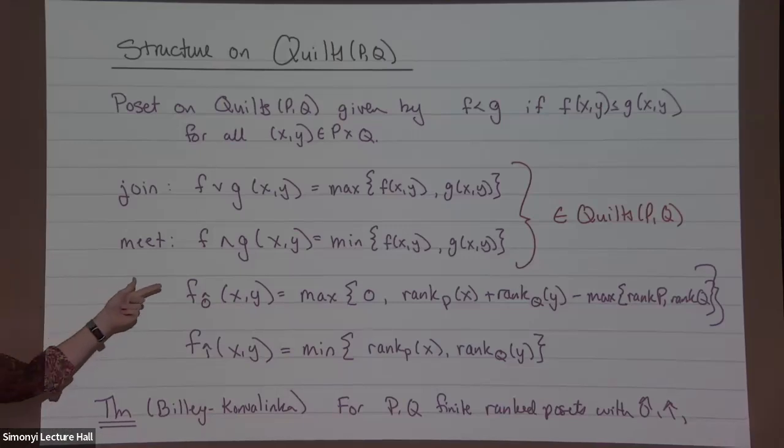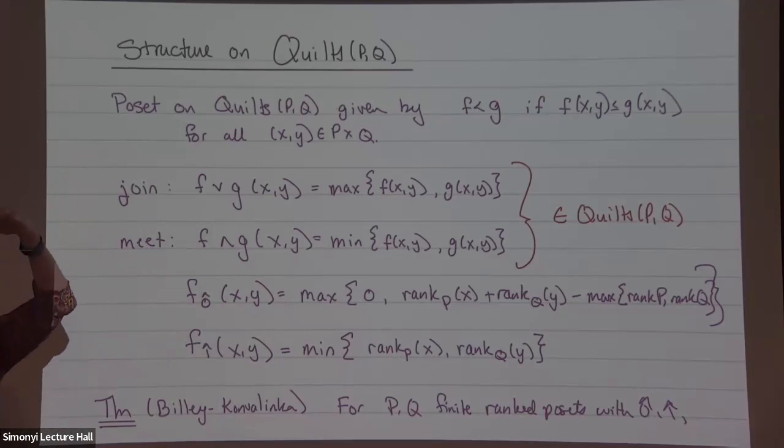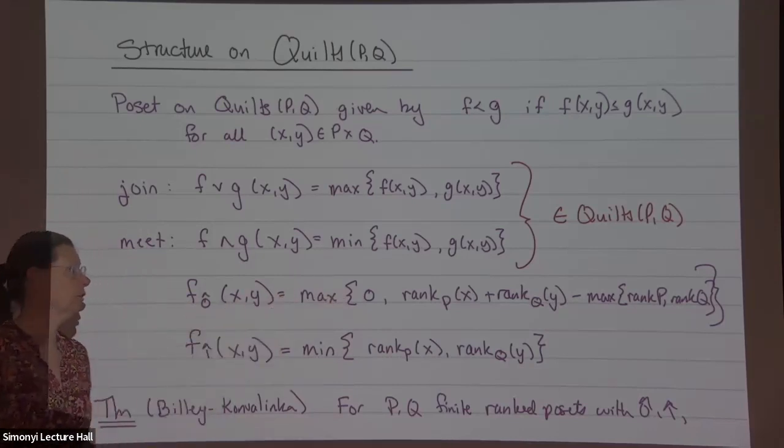Then on this quilt lattice, you also have a unique minimal element F0 hat and a unique maximal element F1 hat. And you can think about them intuitively. What's the minimum? You're going to be 0 at the bottom as long as you possibly can until, because of bounded growth, you have to start to go up, right? And that's what this function encodes.